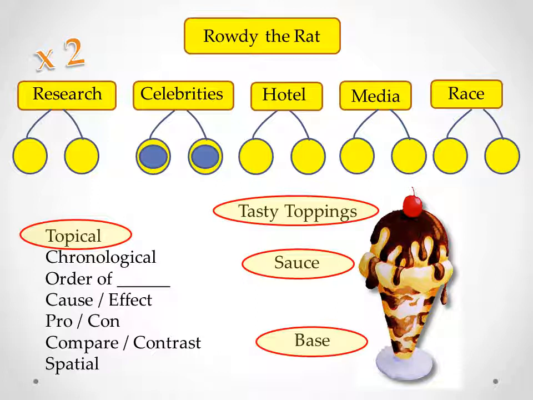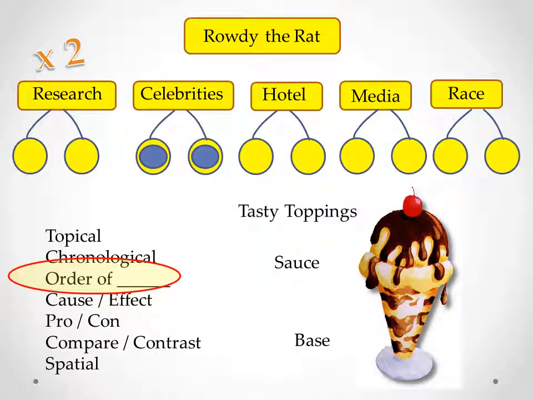Chronologically always works. It works well because that's how things happen in time in this universe anyway. But if you changed your wording to make it more interesting, to make it spatial, then do it. If it works for that information, if it works, do it, because that makes it much more interesting for the listener.